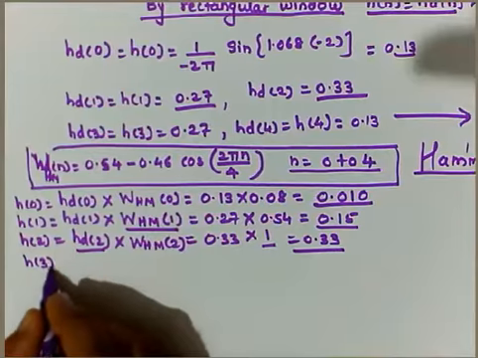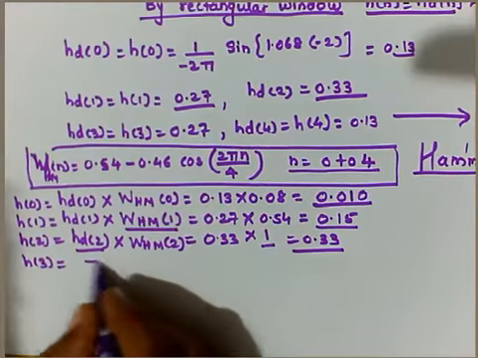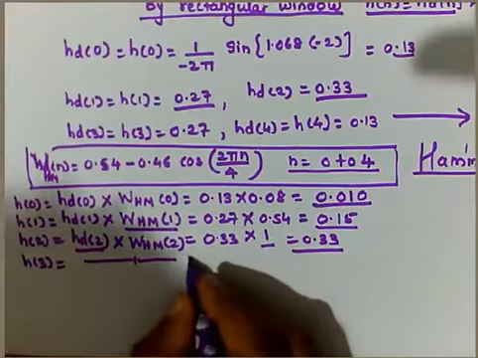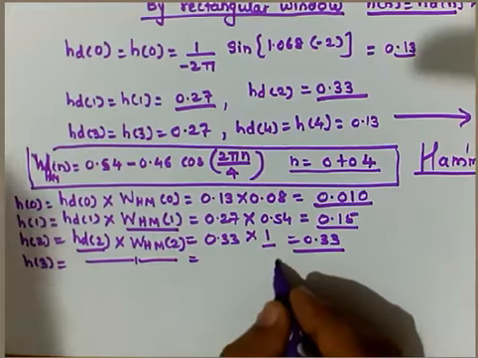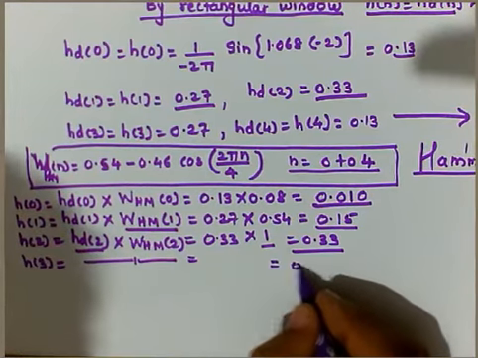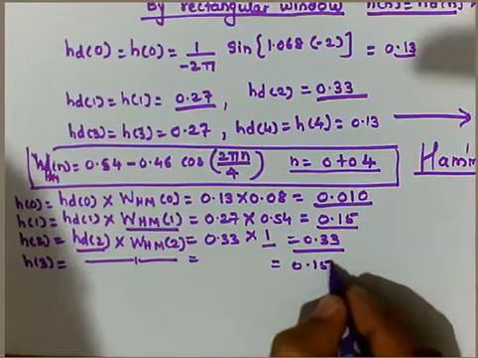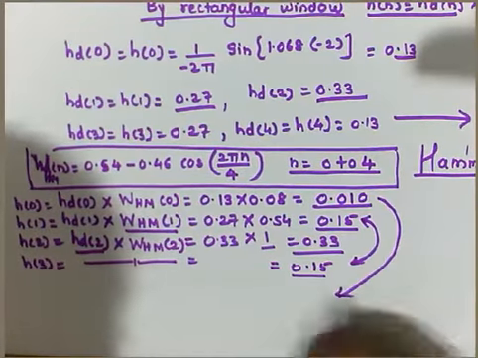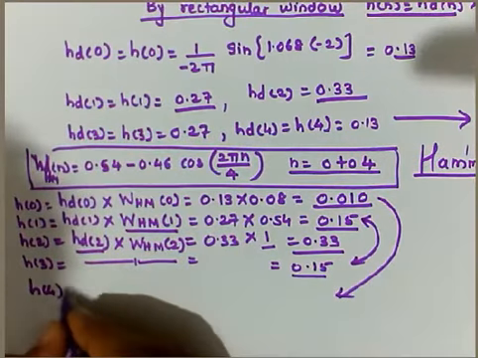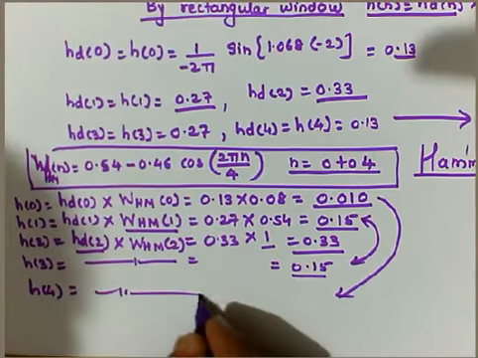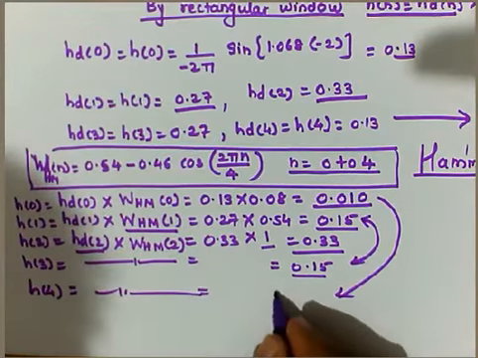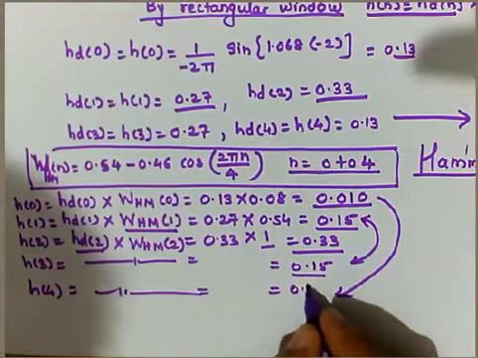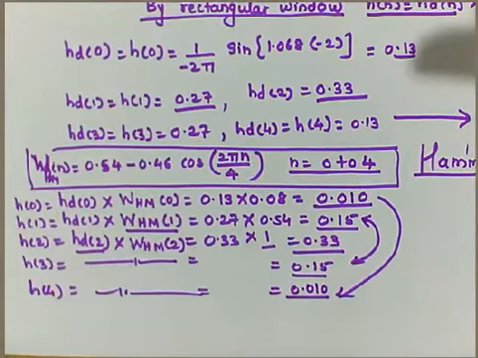Next, h of 3 is hd of 3 into WHM of 3. It will be the same as the earlier value, so it will be 0.15. So these values match. Similarly, for h of 4, replace n equal to 4. It will be the same as h of 0.